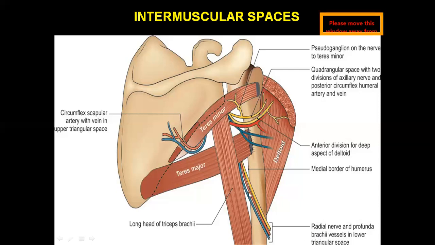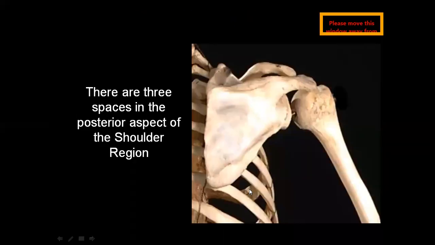Profunda brachii artery is the largest branch of the brachial artery. Along with this, you are finding a very big, thick nerve, that is the radial nerve. So in the lower triangular space, we have the profunda brachii vessels and radial nerve.